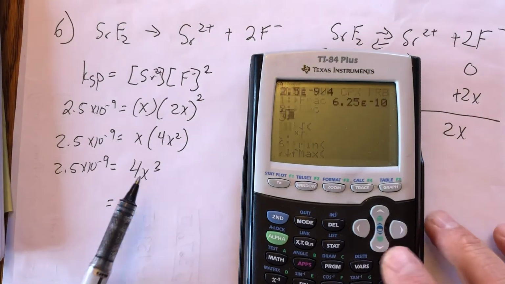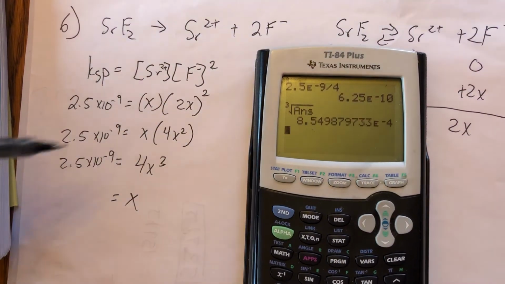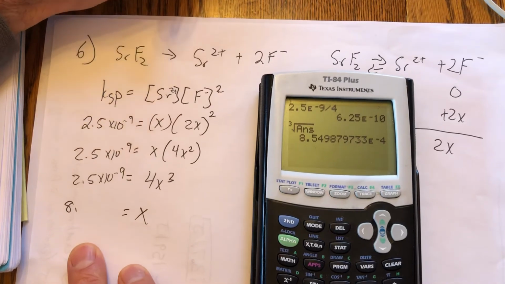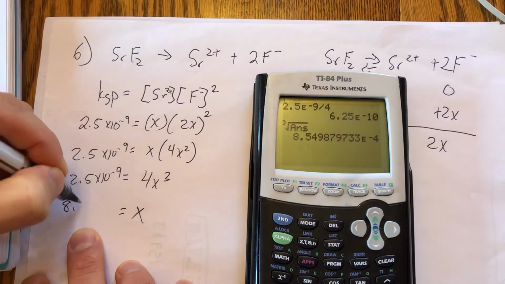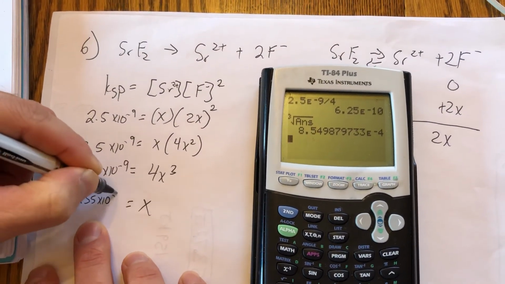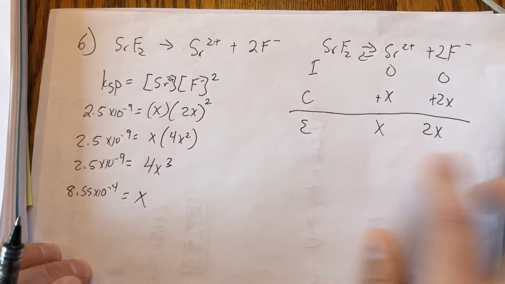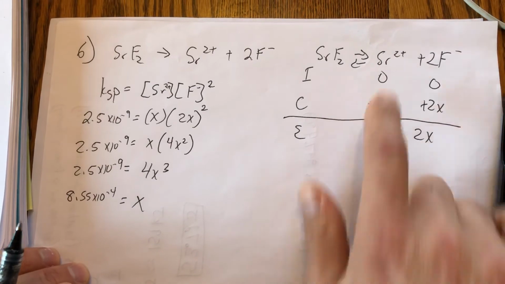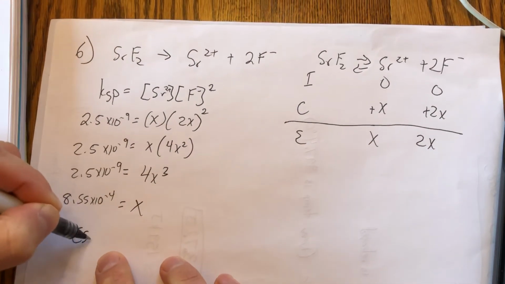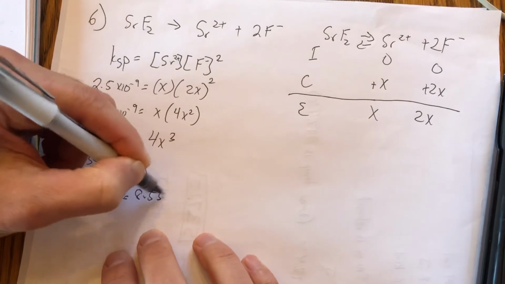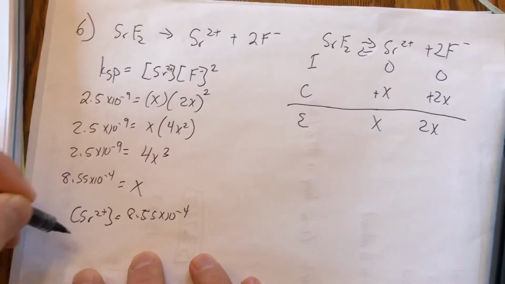So I'm going to do 2.5 times 10 to the negative 9. I'm going to divide by 4. Then I'm going to take the cube root of that answer because I'm undoing a cube. So cube root, last answer, comes down to 8.55 times 10 to the negative 4. Okay, so if I plug that in, x is the concentration of strontium. So strontium is going to have that answer, 8.55 times 10 to the negative 4.